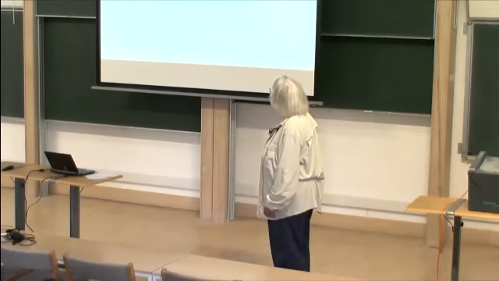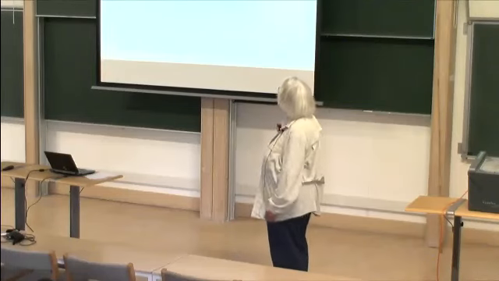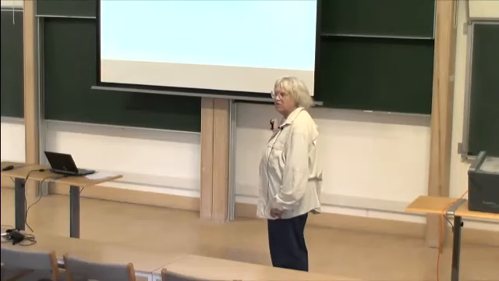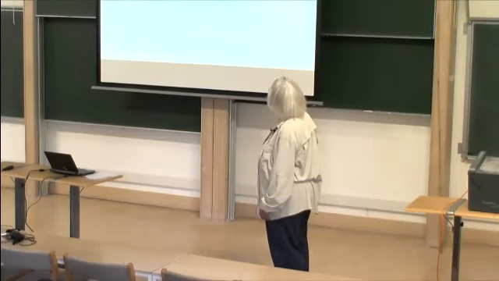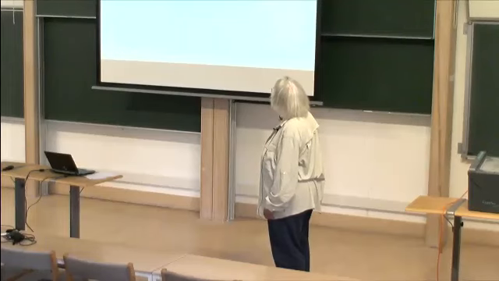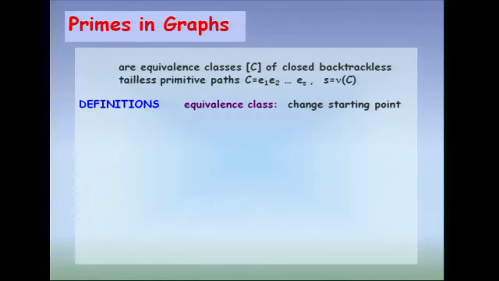So the definition of the equivalence classes is that you don't care where the path starts. In other words, I'm going to put brackets around C to mean E2 up to ES and then E1. Start with E2 instead of E1. You with me? Similarly, I could start with E3 or whatever. So it's sort of a cyclic permutation of the edges.